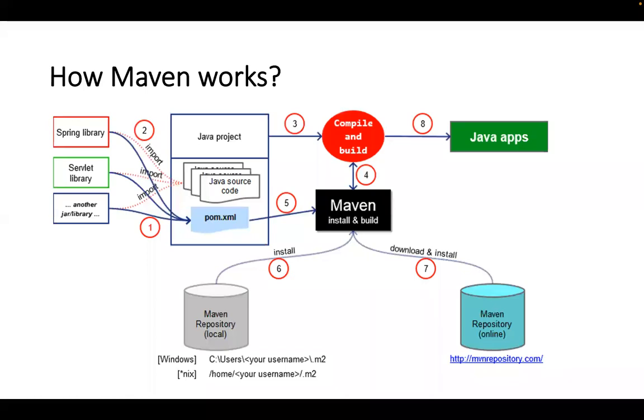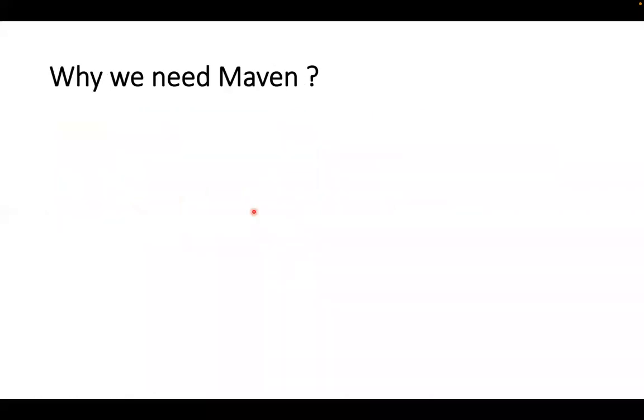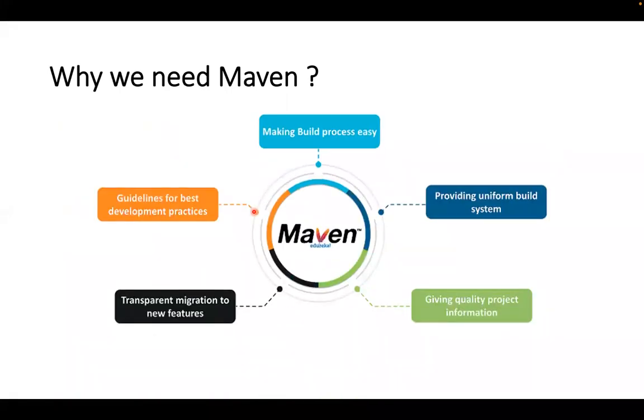And exactly why do we need a Maven project or this tool? Earlier we were using a tool called Ant. Ant is another build tool, I would say. It will do compile as well as package. At that time we had to manually go to the internet and download each and every version of the jar file.